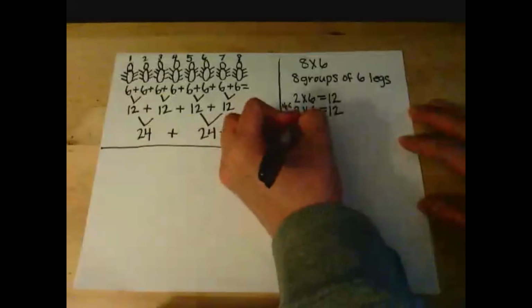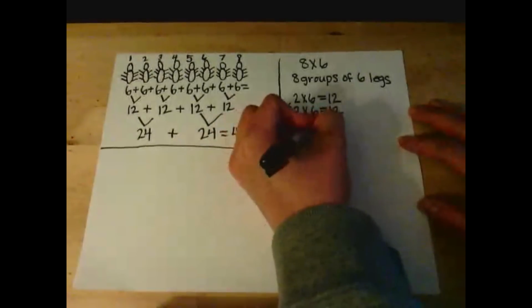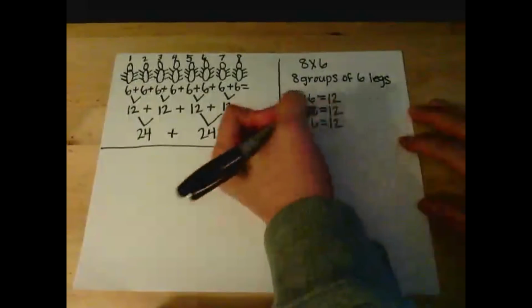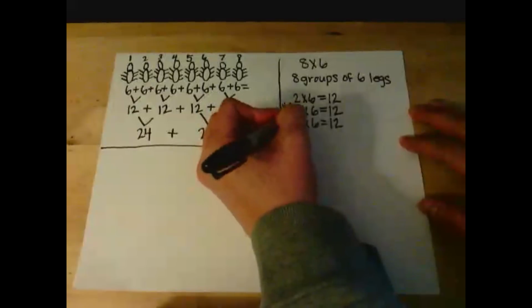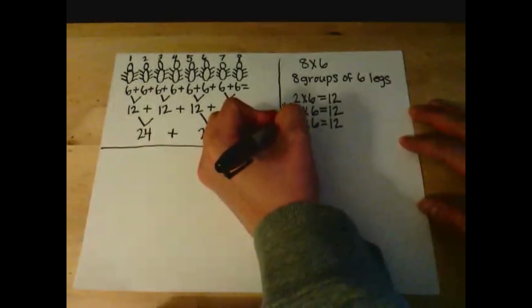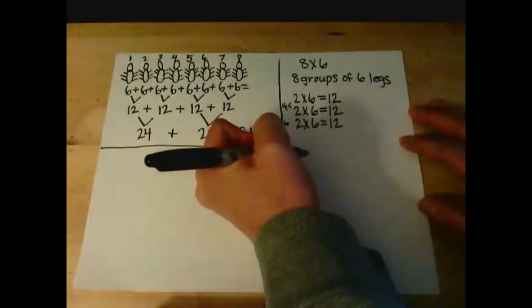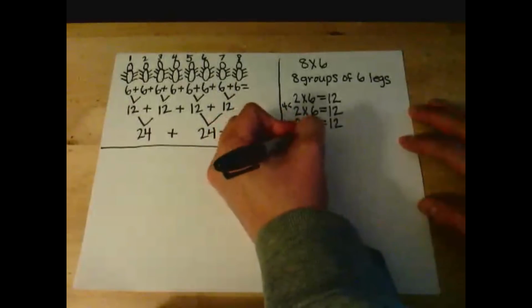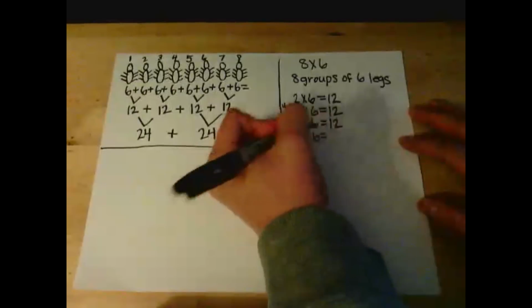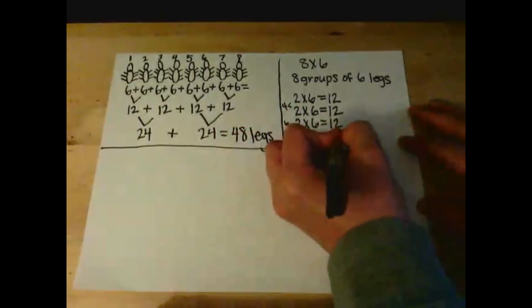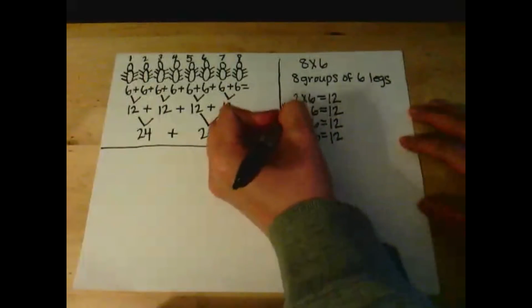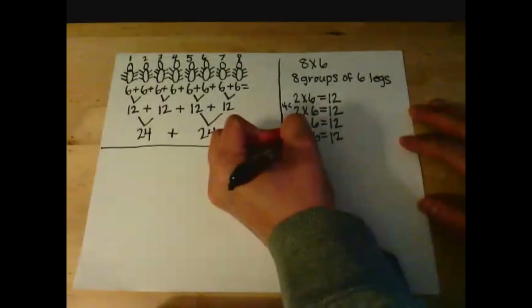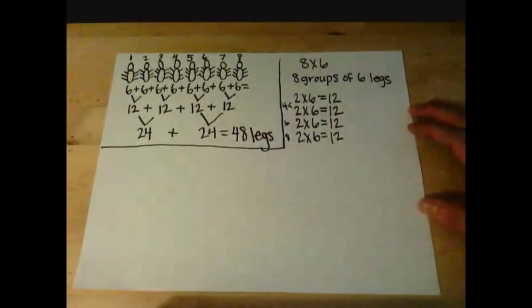I'm almost there. If I add another 2 groups of 6, which is another 12, now I have 2, 4, 6. Now I'm up to 6 groups of 6. So if I add another 2 groups of 6, that gives me 8 groups of 6.